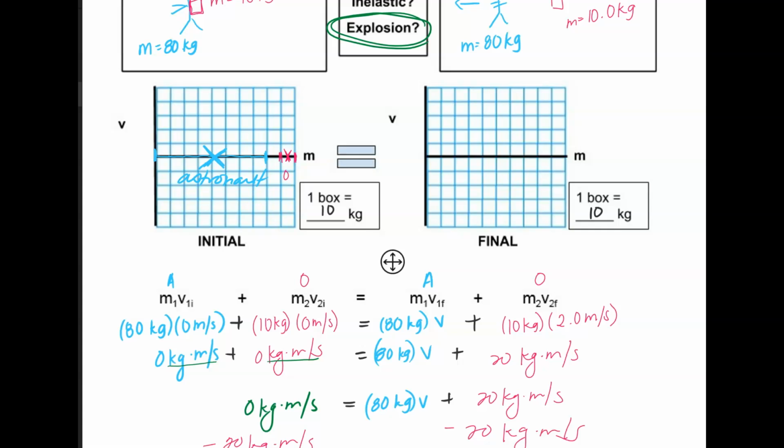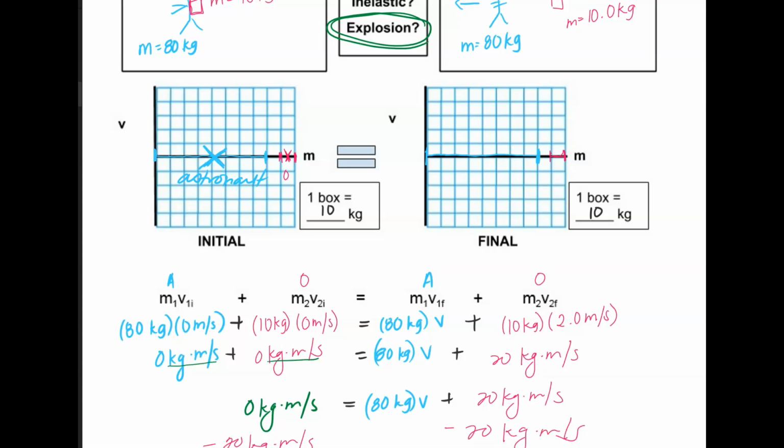Now here, so 1, 2, 3, 4, 5, 6, 7, 8. That's the 80 for the astronaut, and this will be for the oxygen tank.